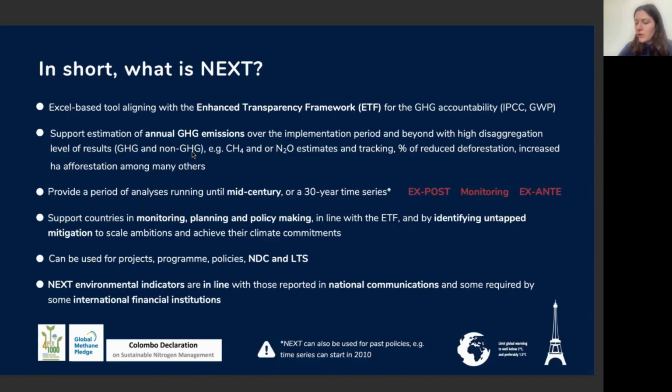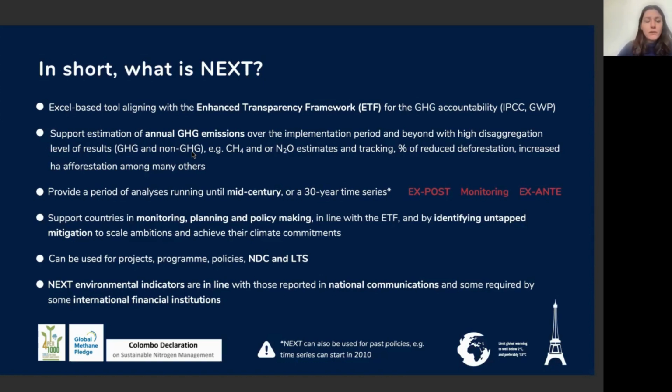Let's say you did an estimate of the potential of a project that you're going to start now, and maybe in 5 years, when you will know exactly what you implemented and what you did not implement, you will be really able to monitor the project as it really happened. You will see that while opening the tool together, exactly how it works.